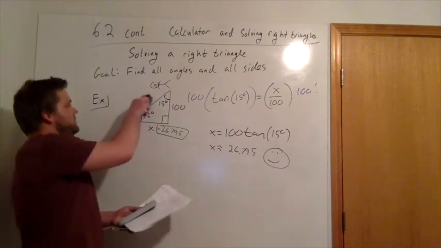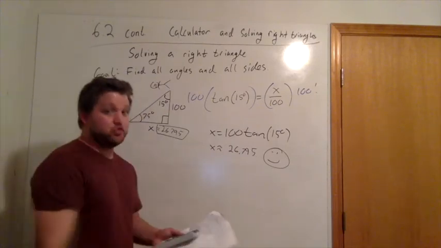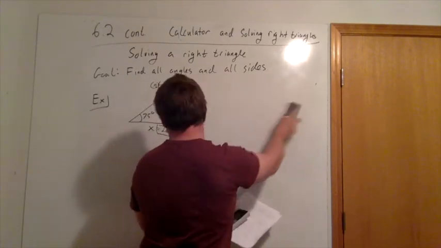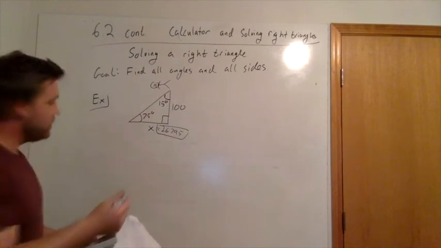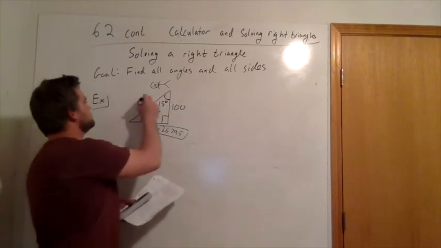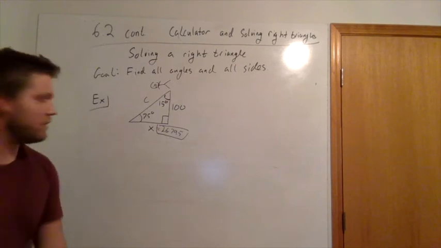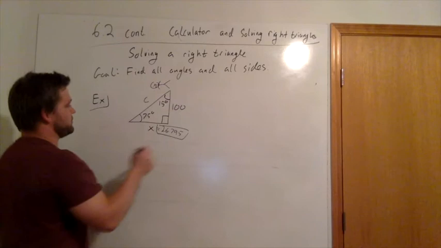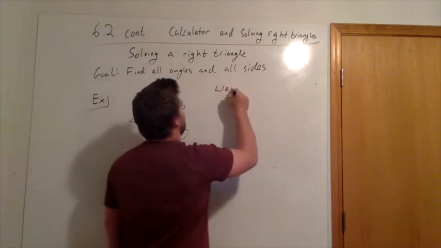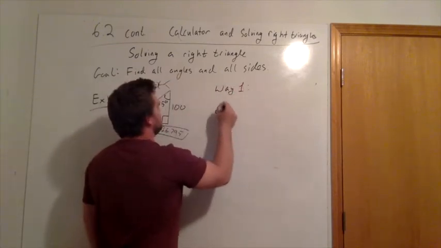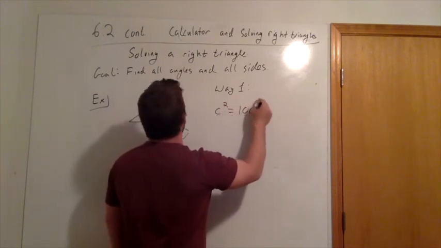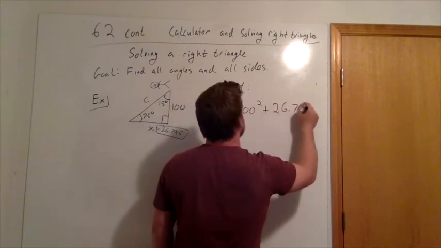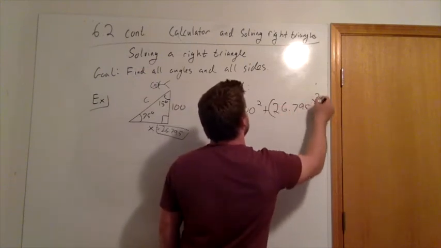Okay, so our last job is to find the hypotenuse. Now, we have two options we could do here. Let's go ahead and erase this. One option is I could use the Pythagorean theorem. Since I already know what the lengths of the legs are, I could figure out what the hypotenuse is using the Pythagorean theorem. So maybe I'll write this as way 1. We'll have that c squared will be equal to 100 squared plus 26.795 squared.